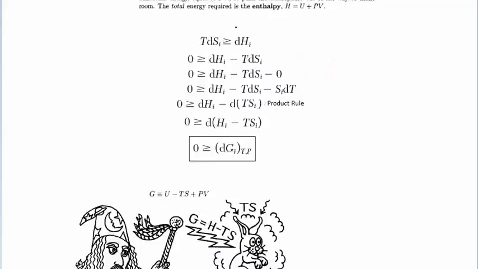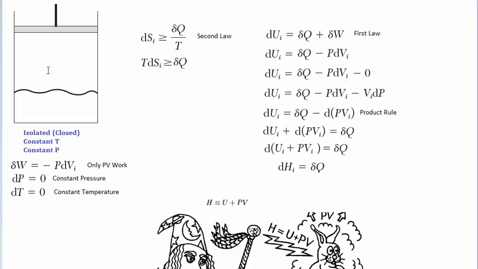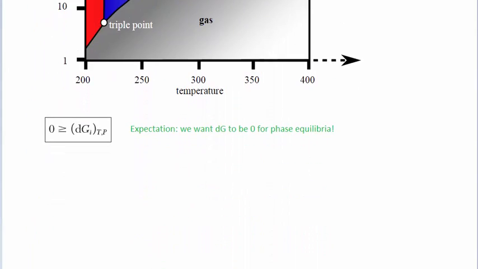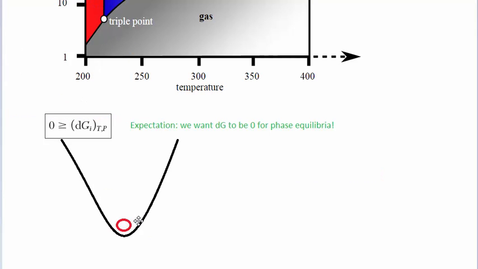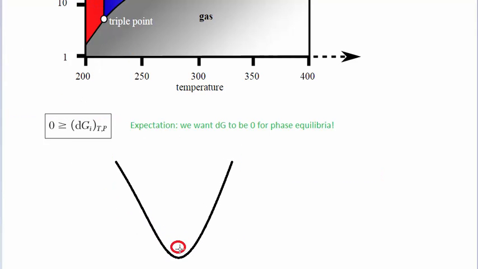But when you're observing these 2 phases, such as a vapor and a liquid in equilibrium, what you're seeing is absolutely nothing happening. You are at the bottom of an energy well, which means you're in a system that keeps on tending back to equilibrium as long as the perturbations to the system are small. In other words, we want no directionality. We want our Gibbs energy to be 0.